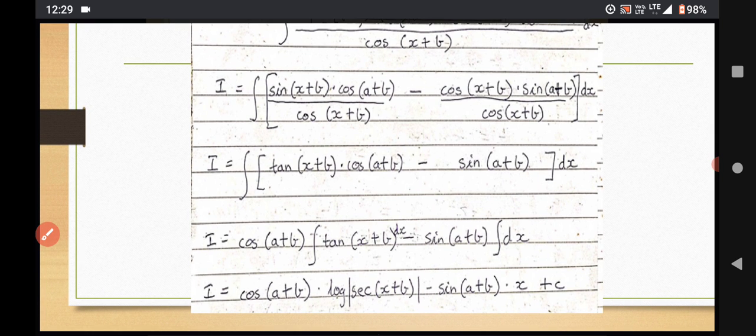After integration you will get this value for the integration of tan. So integration of tan(x + b) is log sec(x + b). And integration of dx you will get x itself.